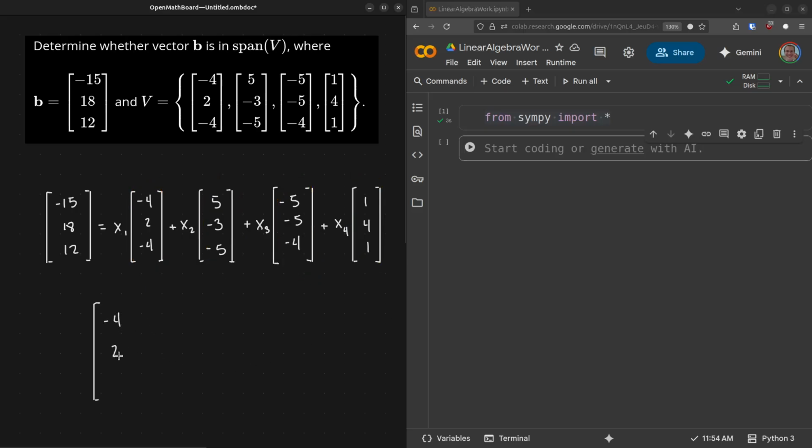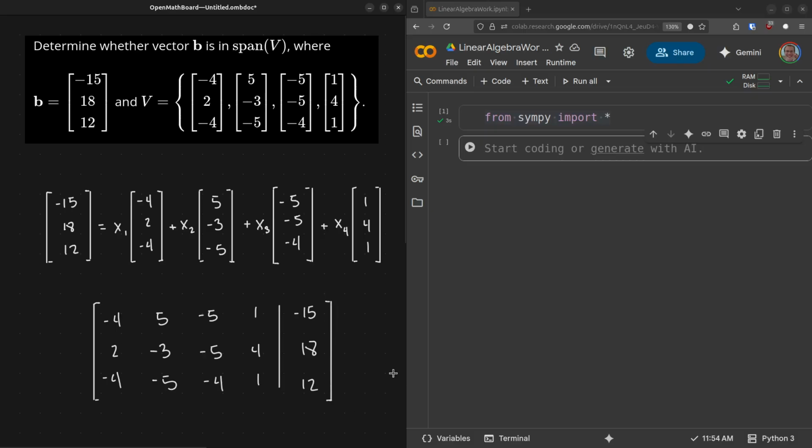So column 1 is vector 1, column 2 is vector 2, column 3 is vector 3, column 4 is vector 4. And the augmented part is the other side of the equal sign. What I want this linear combination to be equal to, vector B. Negative 15, 18, 12.